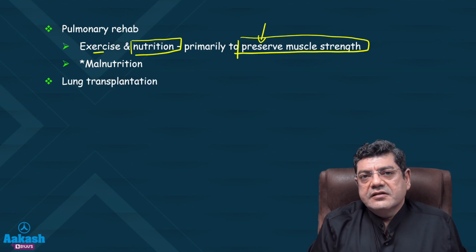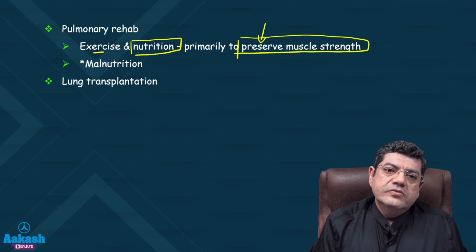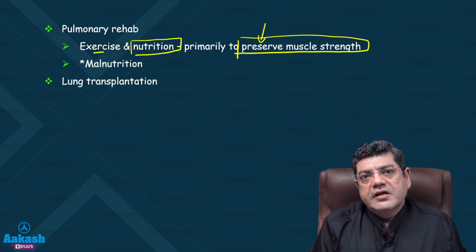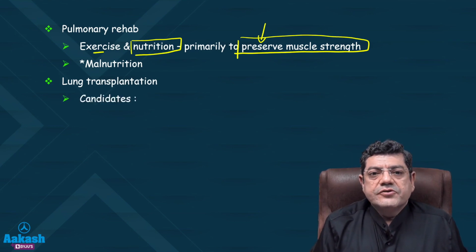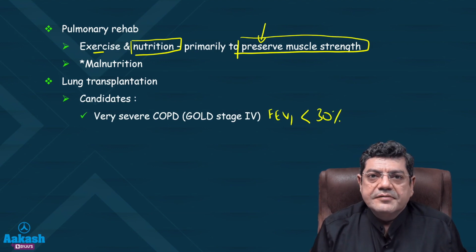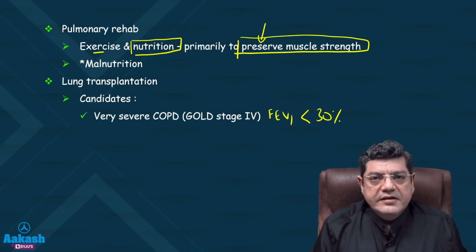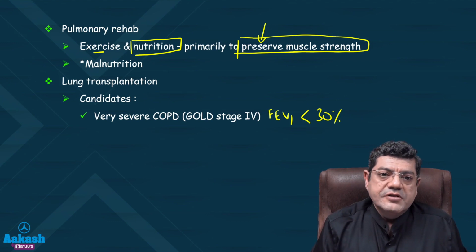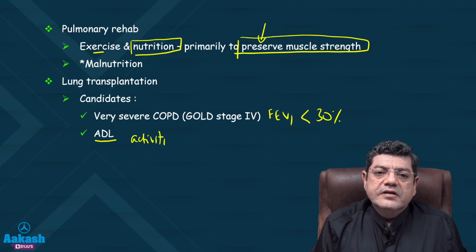Lung transplantation. Now, who are these patients who will benefit from lung transplantation? Those patients with stage 4 COPD, very severe COPD. So, an FEV1 of 30% or less are candidates, and those patients who are unable to carry out ADL, activities of daily living.